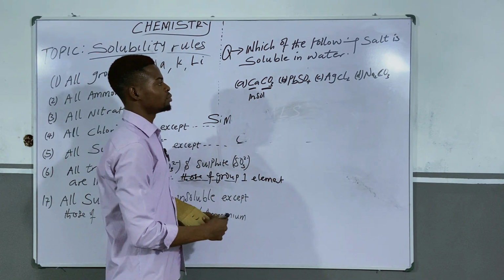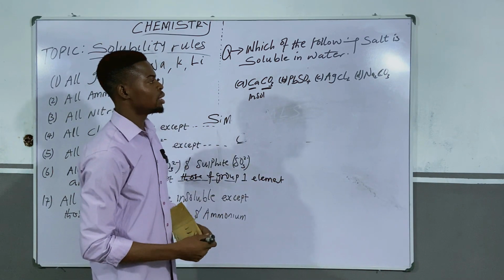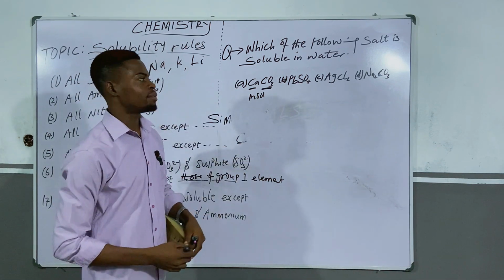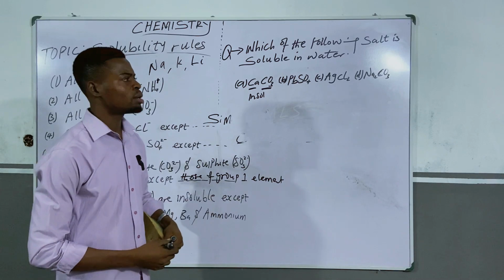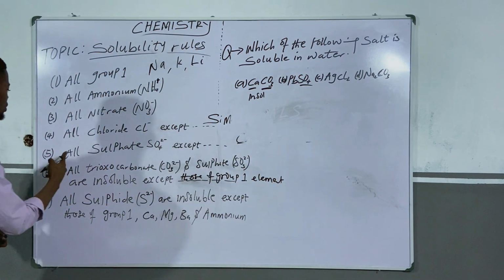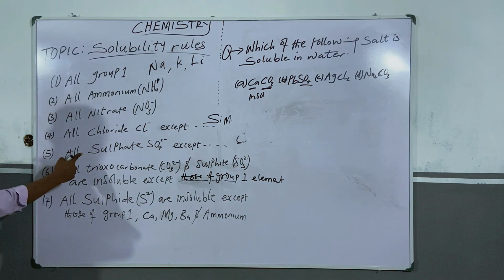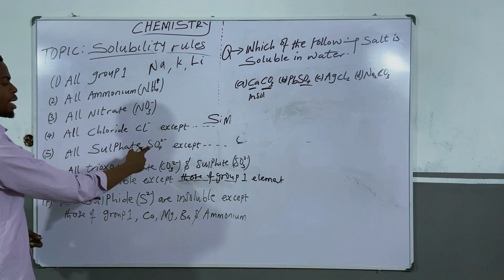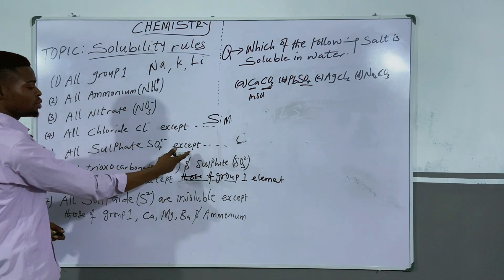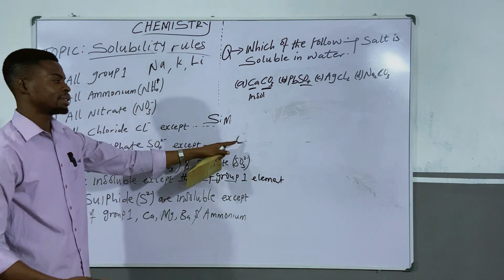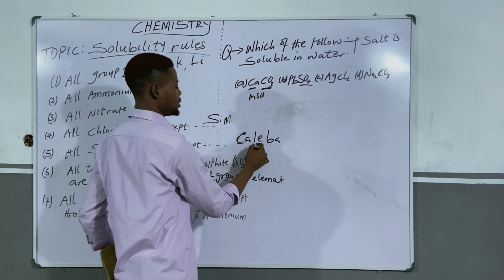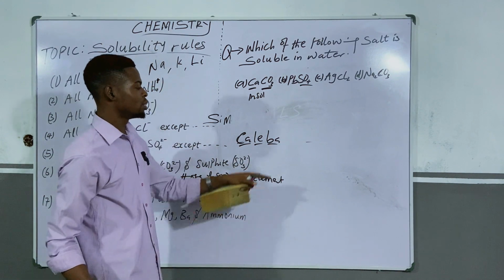Let's look at option B, the second option. We have lead tetraoxosulfate. Is this compound soluble? Let's look at the solubility rule for sulfates. All sulfate salts are soluble except those of Caliber: calcium, lead, and barium.